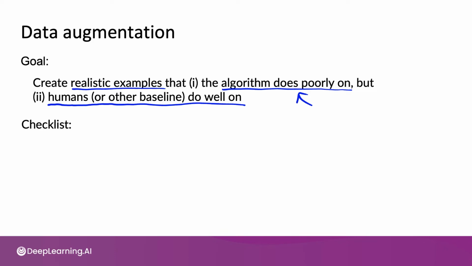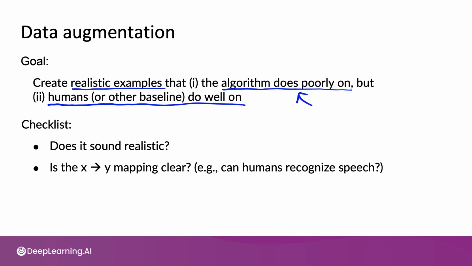So specifically, here's a checklist you might go through when you are generating new data. One, does it sound realistic? You want your audio to actually sound like realistic audio of the sort that you want your algorithm to perform on. Two, is the X to Y mapping clear? In other words, can humans still recognize what was said? This is to verify point two here.